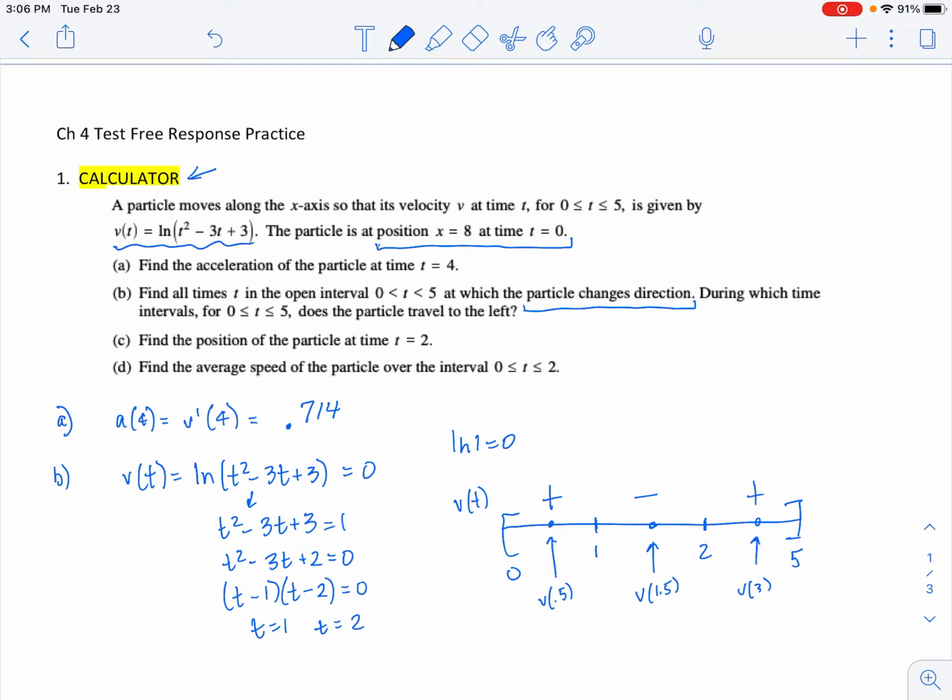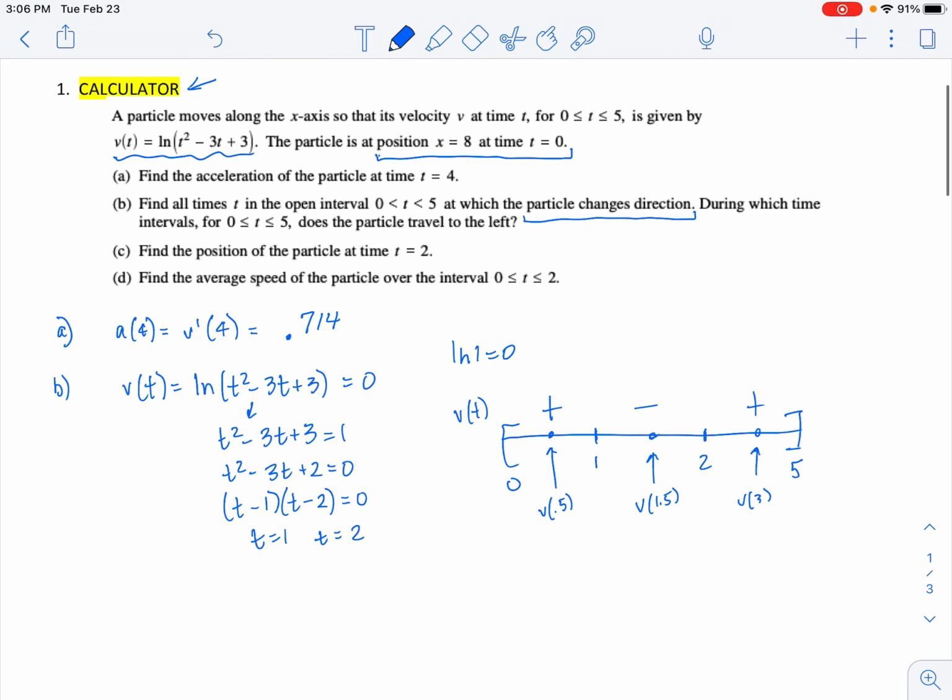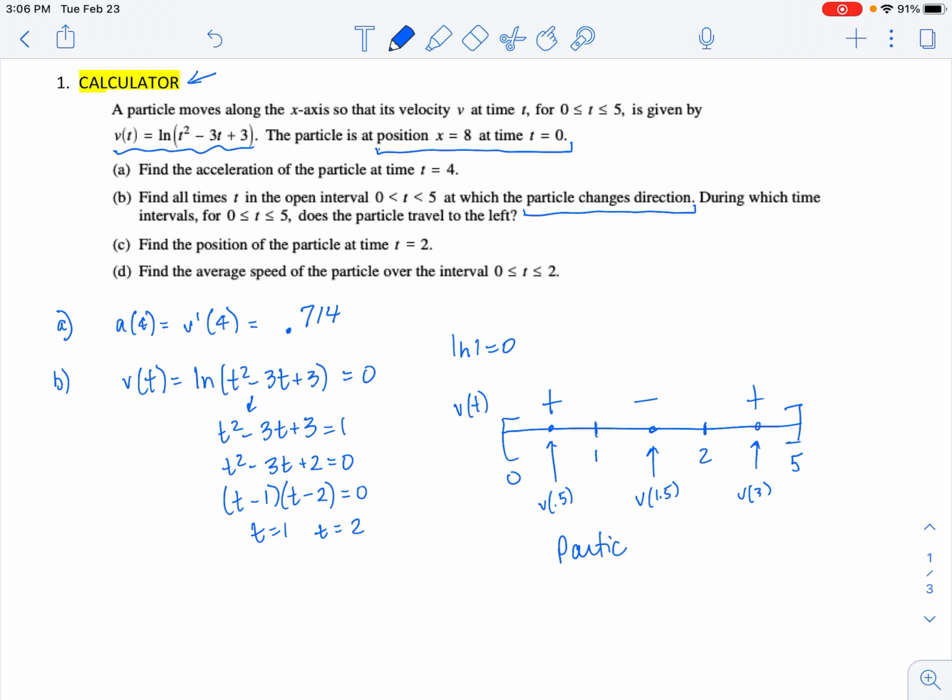And then it also asks us during what interval does the particle travel to the left. So let's put this information together on the sign chart. Particle changes direction at t equals 1 and t equals 2, because v of t changes sign.